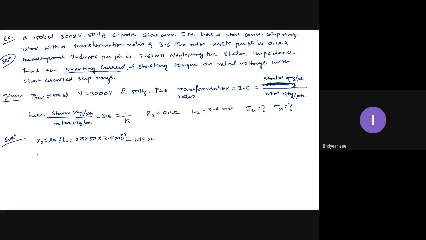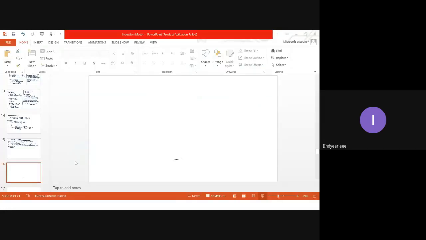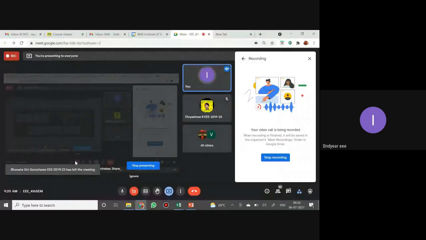So here IST is equal to VPH divided by Z01. What is Z01?